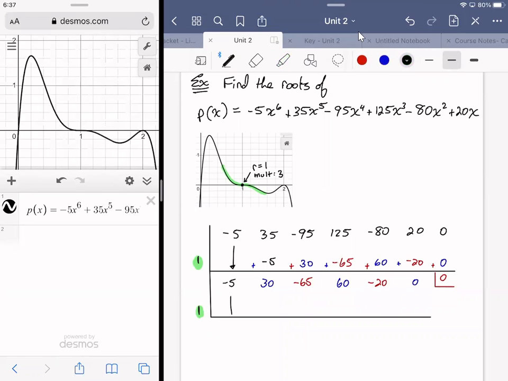All right, so I'd bring down that -5 again, multiply, add, multiply, add, multiply, add, multiply, add, multiply, and add.